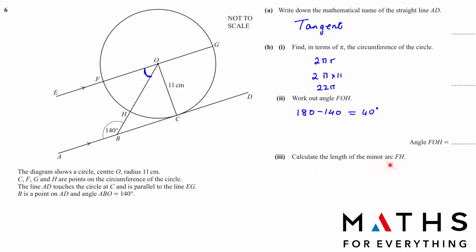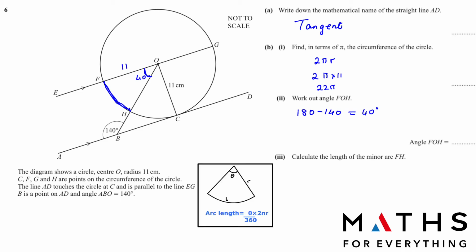B3, calculate the length of the minor arc FH. Now we need to find this length. We got the angle in the middle, which is 40. We got the radius, which is 11. There's a formula to find this. Arc length is equal to theta over 360, theta is our angle, multiplied by 2 pi r.